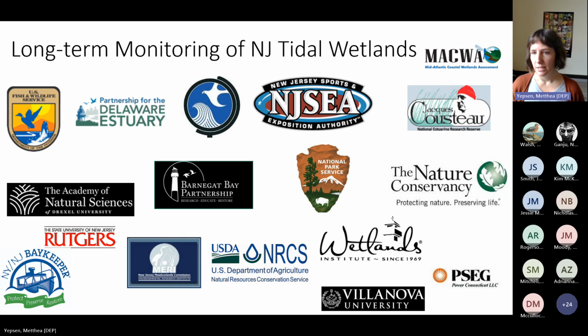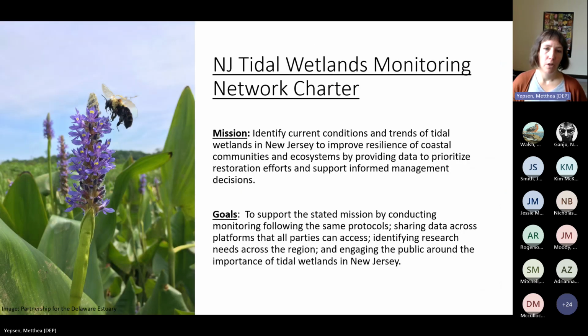We had 15 entities sign an MOU formalizing the creation of the New Jersey Tidal Wetlands Monitoring Network. The mission of the network is to identify current conditions and trends of tidal wetlands in New Jersey to improve resilience of coastal communities and ecosystems by providing data to prioritize restoration efforts and support informed management decisions.